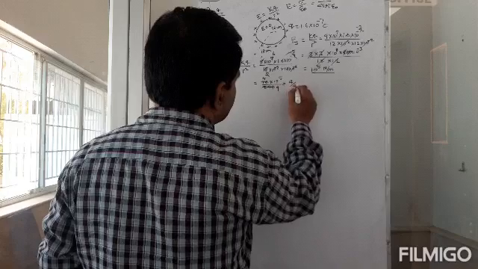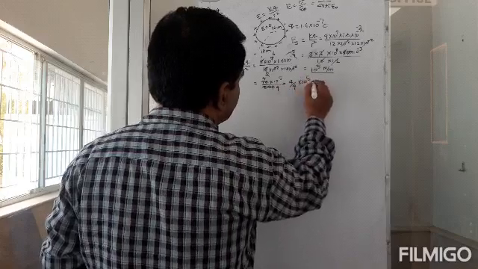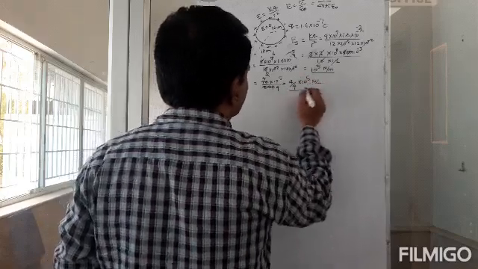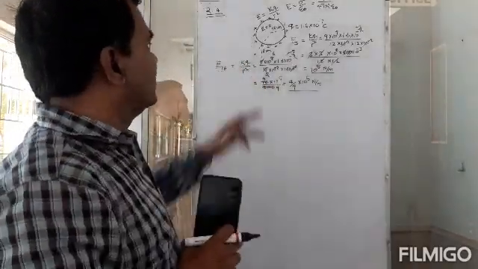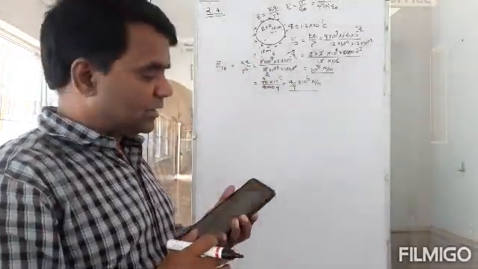So 4 by 9 into 10 power 5 Newton per meter would be the field at this point. So that's how you do this problem.